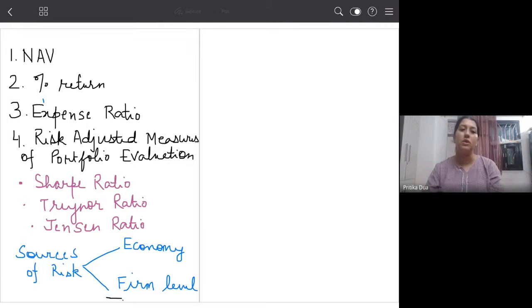I'm asking what can be an example of macro level risk, something which is common to all the firms in the market. What risks can there be at the economy level which can impact your investment?